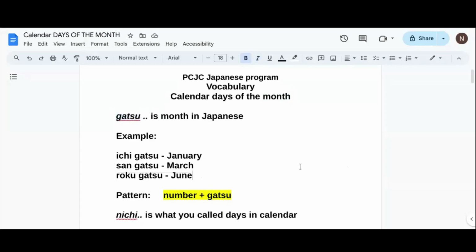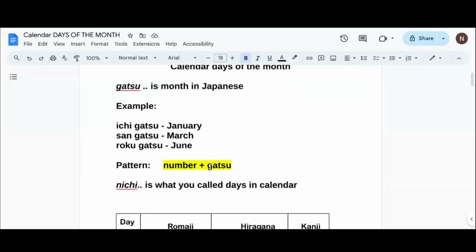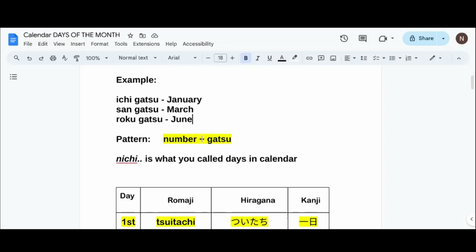So your pattern is just add the gatsu, because this is only up to 12, from January up to December. Ichigatsu, Sangatsu is March, Rokugatsu is June. You just add the number and then the gatsu.